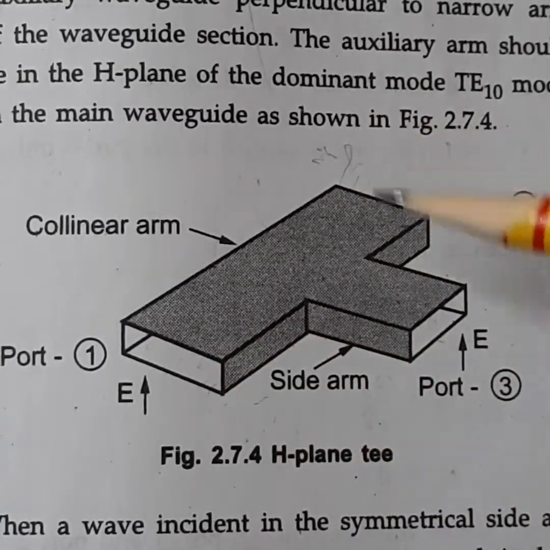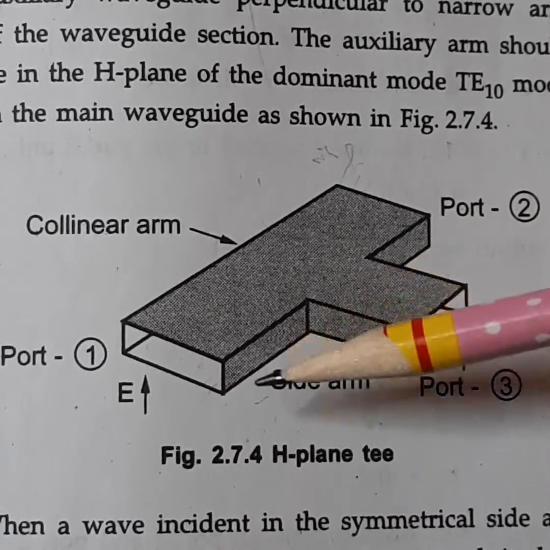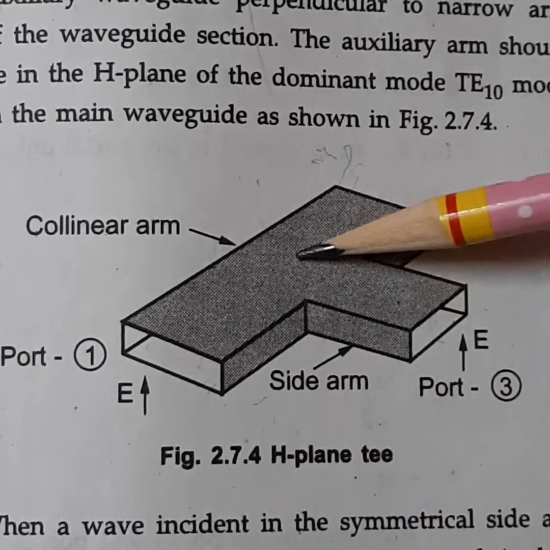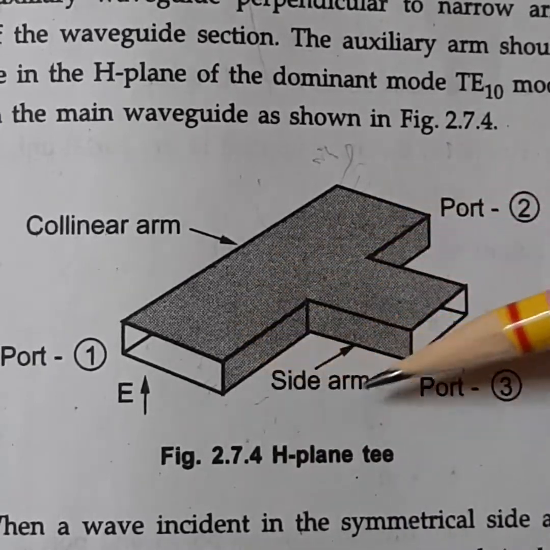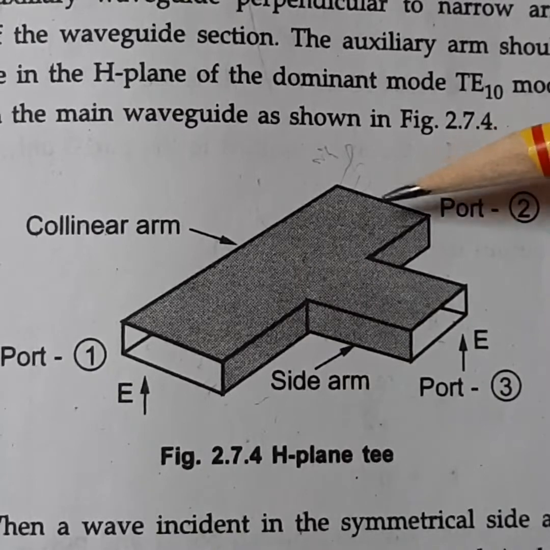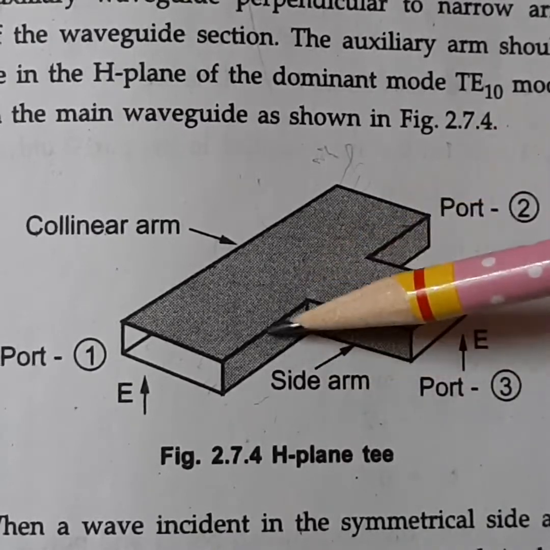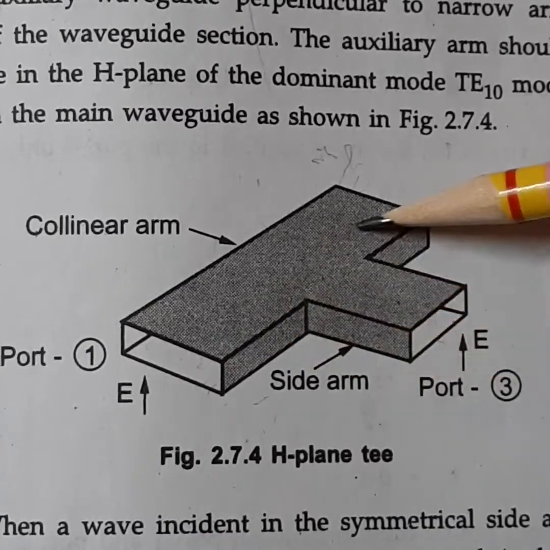Okay, so why do they split into two equal in-phase waves? While passing through this H junction, the electric field does not suffer any bending and the junction splits one wave into two ports. So there is no bending at all.